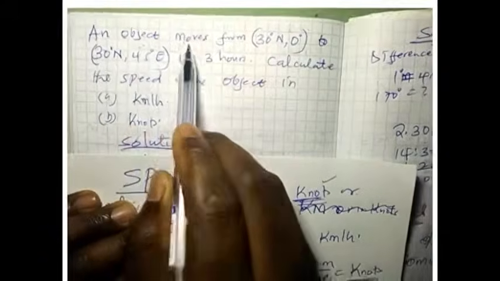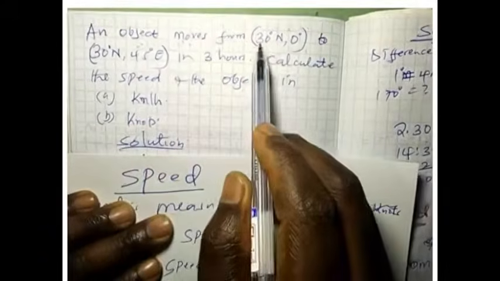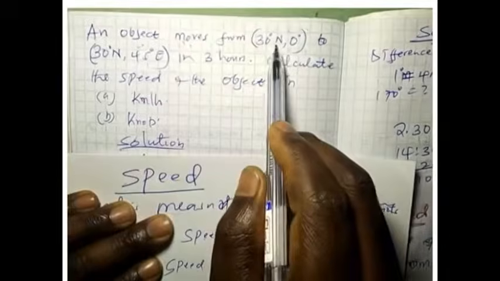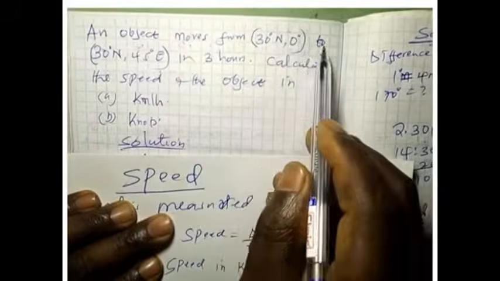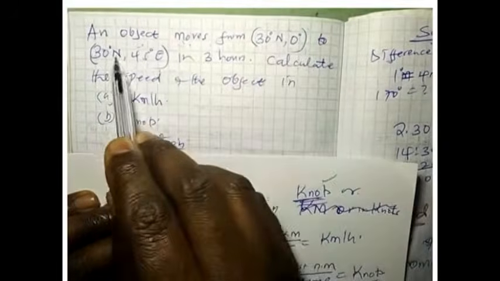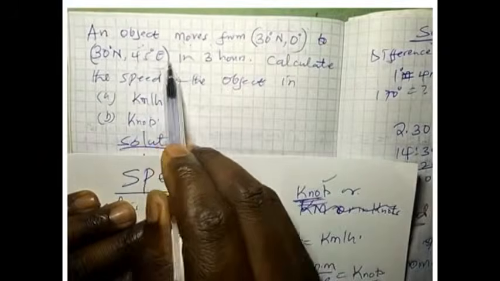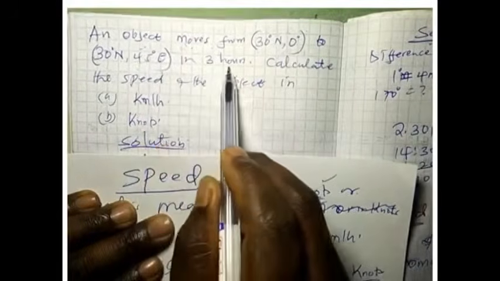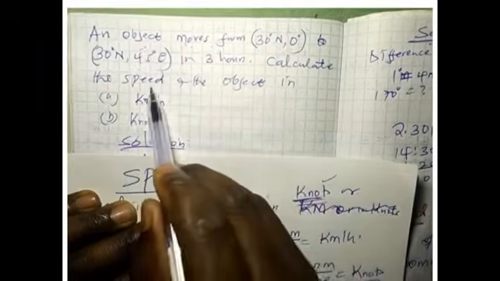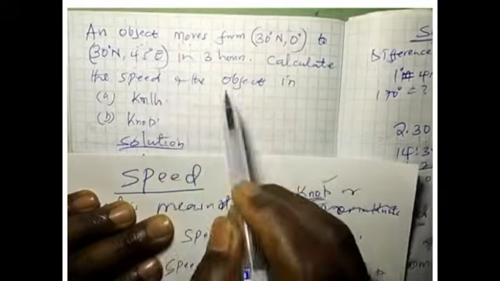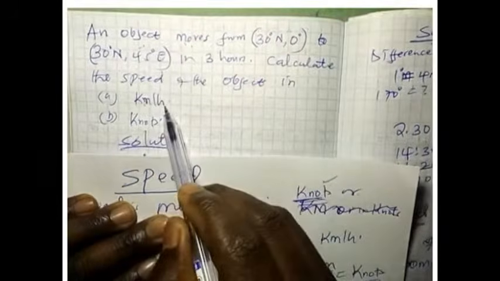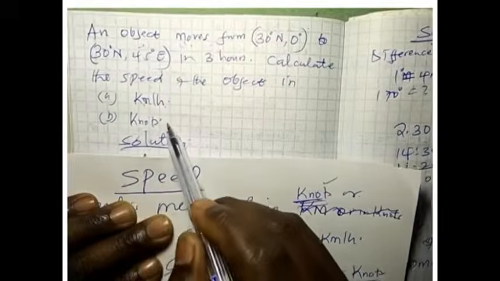An object moves from 30 degrees north, 0 degrees to 30 degrees north, 45 degrees east in 3 hours. A, calculate the speed of the object in kilometers per hour, and B, in knots.